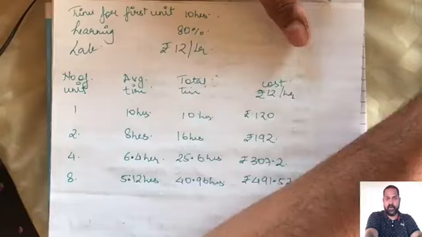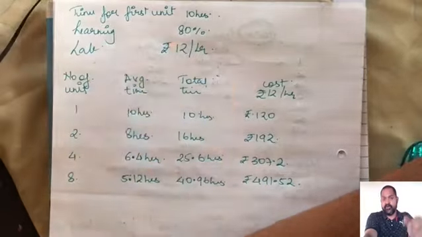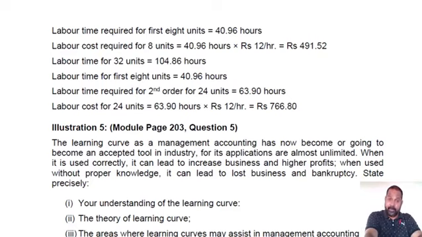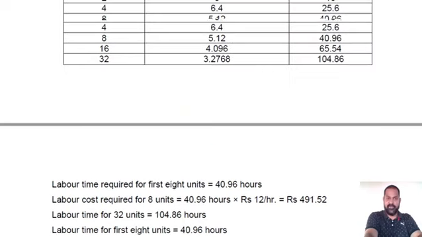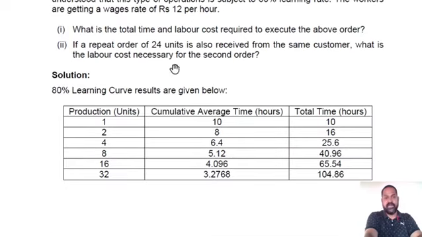Let's go to the second question that they've asked. If a repeat order of 24 units is received from the same customer, what is the labor cost necessary for the second order?